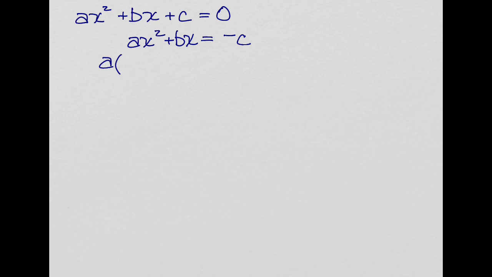If I factor out a from ax squared, I have x squared left, no problem. If I factor out a from bx, what's that going to look like? Well, I have to think of something that when I multiply it times a, I'm going to get b.